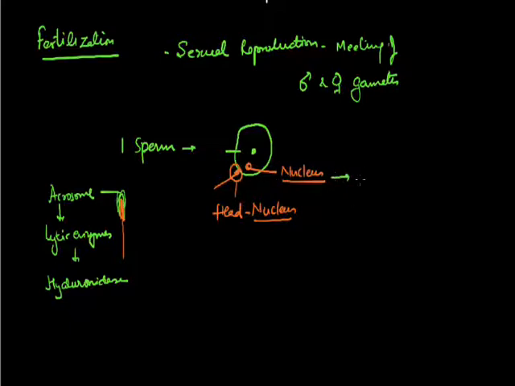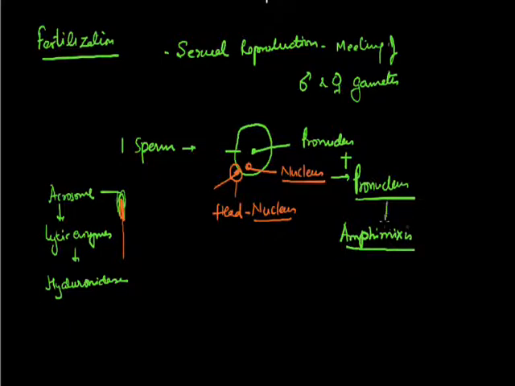After entering into the egg, the name is changed, it is known as pronucleus. This is the egg nucleus, known as egg pronucleus. So the fusion of male as well as female pronucleus is known as amphimixis. It results in the formation of diploid zygote.